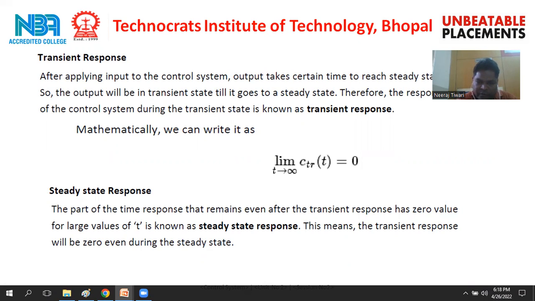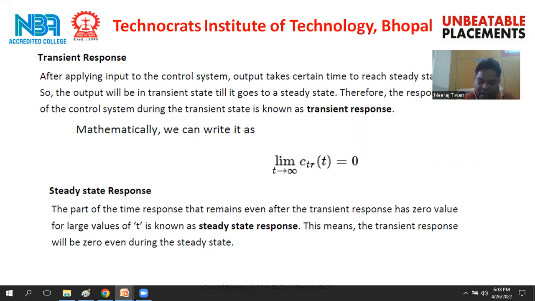So the transient response output will be 0 as time increases to infinity. After the transient response dies, the response starts the steady state response.